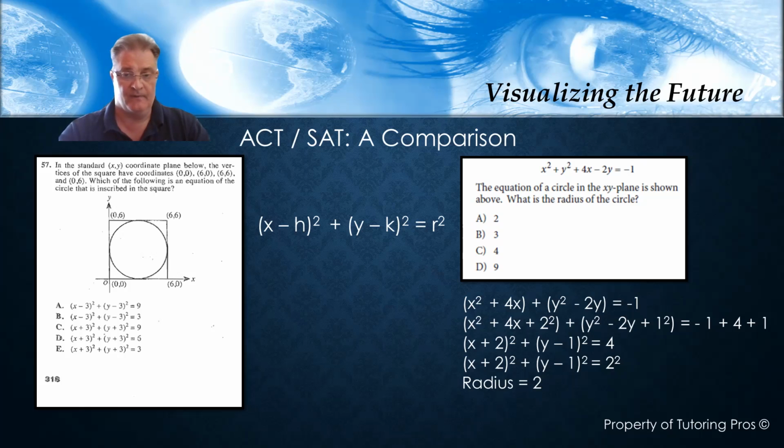So we square the 2. So we're adding 4 to the left-hand side of the equation. We must do the same thing with the y terms. The middle term is 2. So half of 2 is 1. So we're going to square 1. So we're adding 1. Now, when we add the 4 and the 1 to the left side, we have to add it to the right side to keep it balanced.